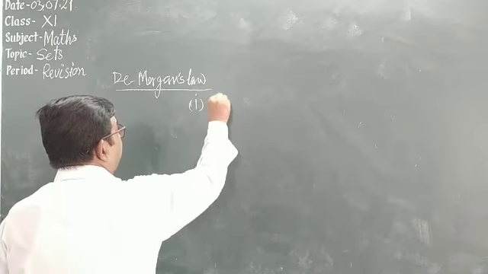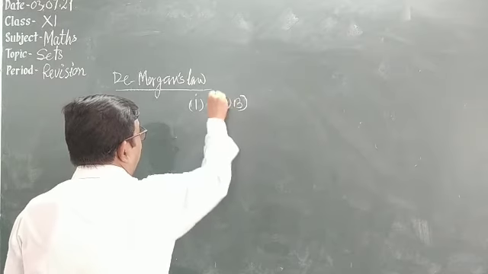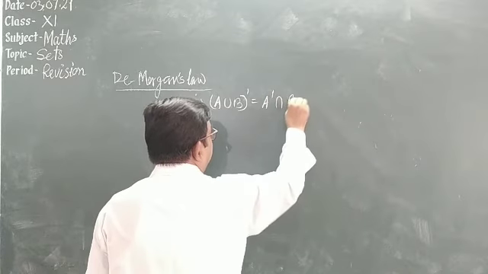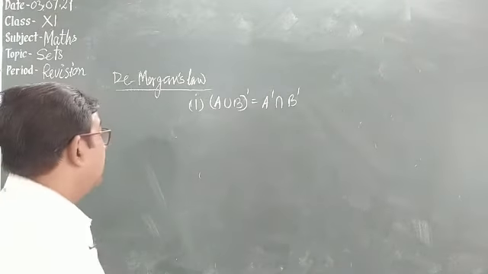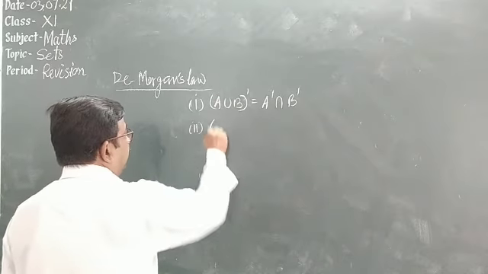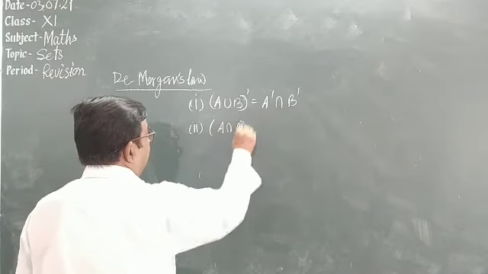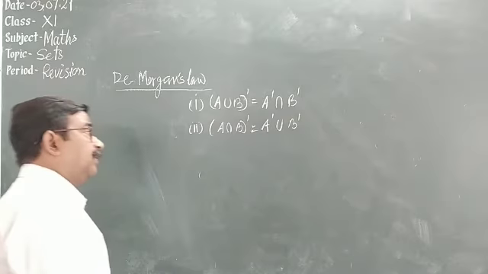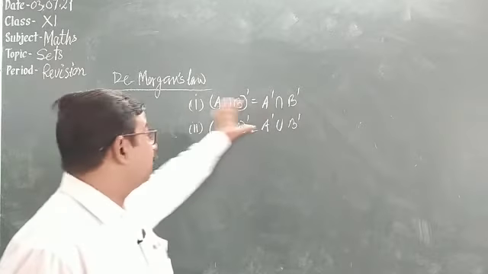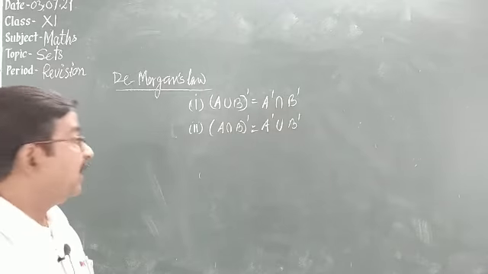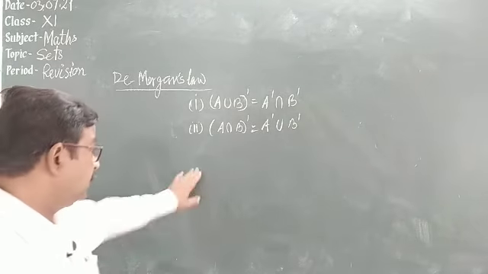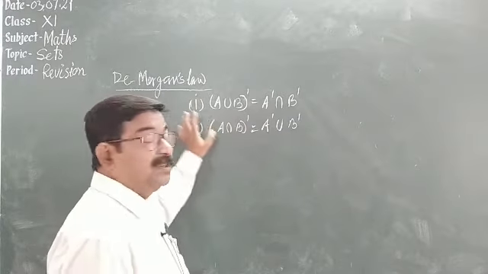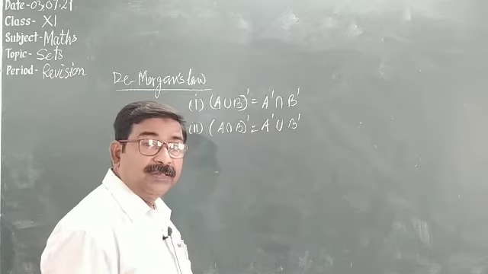First, if we have A union B whole complement, then this will be the complement of A intersection complement of B. And second, if we have A intersection B whole complement, then this will be A complement union B complement. These first and second are De Morgan's laws, and they have been proved in my regular classes, so you can follow that. It is a very important theorem, De Morgan's law, you have to see it.